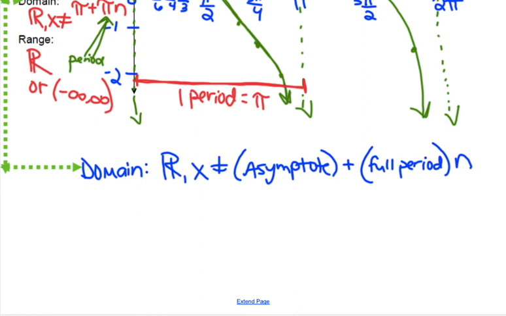So again, this is denoting our distance between your asymptotes. Secant and cosecant, it happened to be half the period. Now cotangent and tangent too will end up being the entire period.